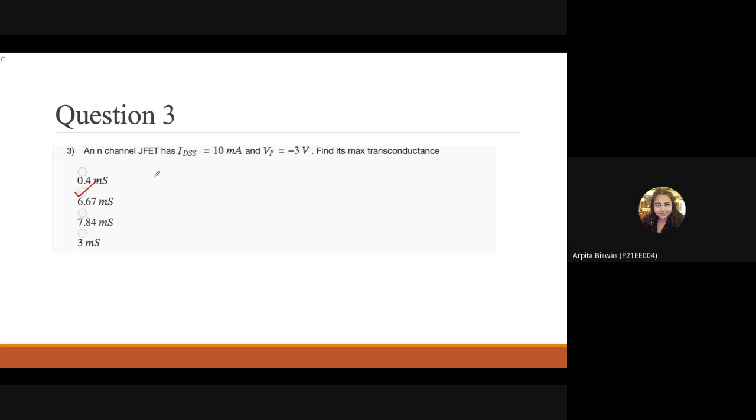How to calculate it? See, the transconductance gm is delta ID by delta VGS.